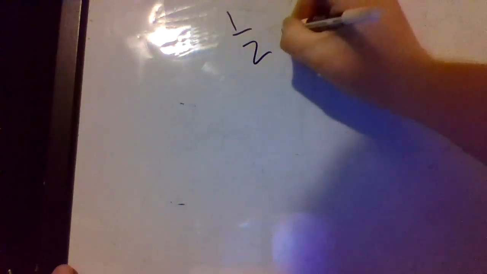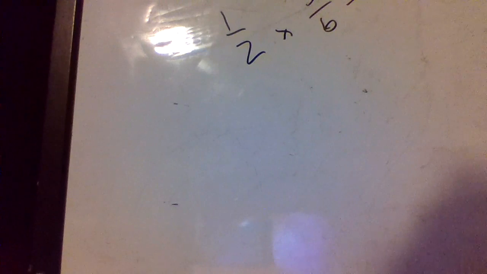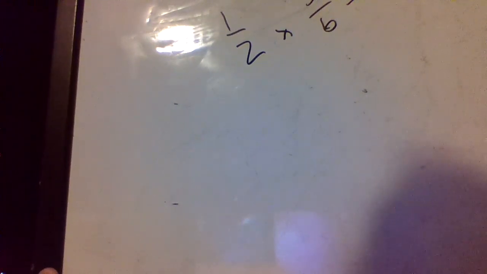Let's do 1/2 times 5/6, or 5 over 6. Now, we've got some pretty odd numbers here, but it's easy. All we do is multiply straight across.